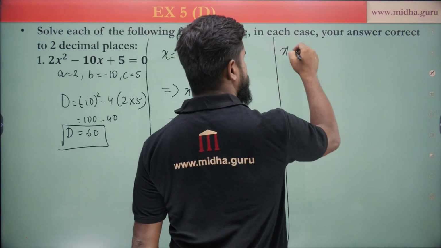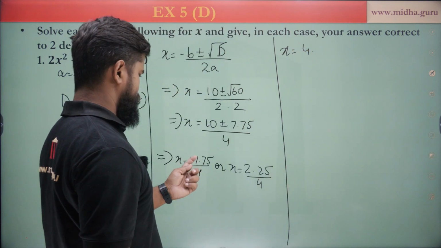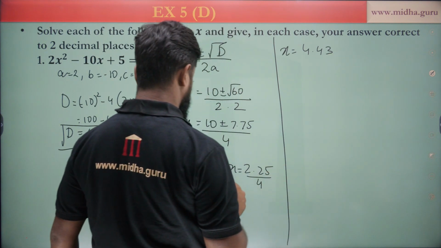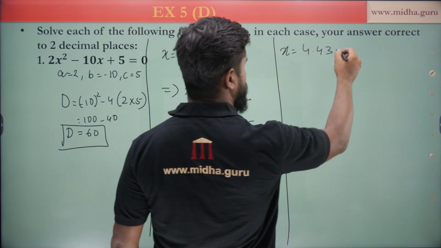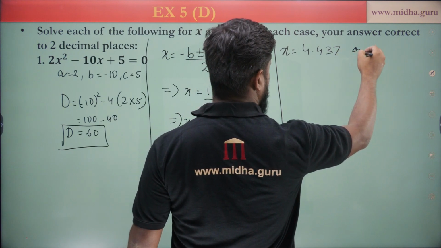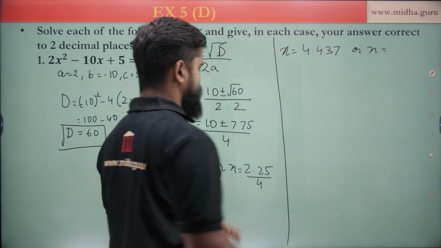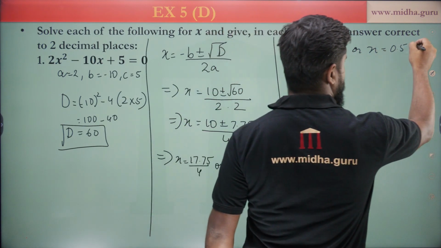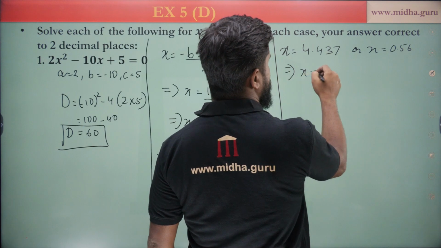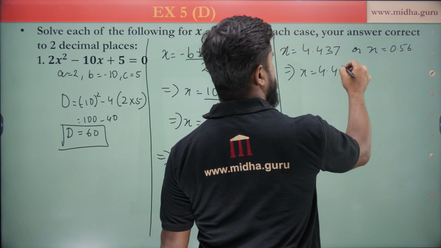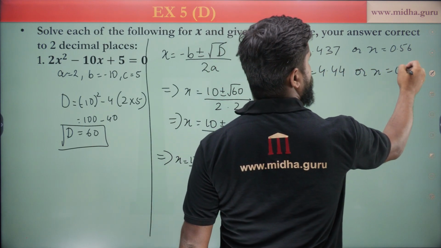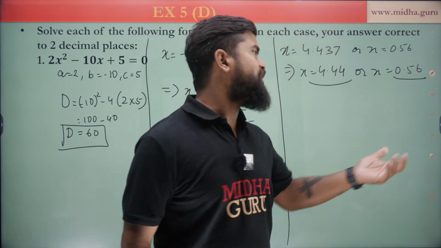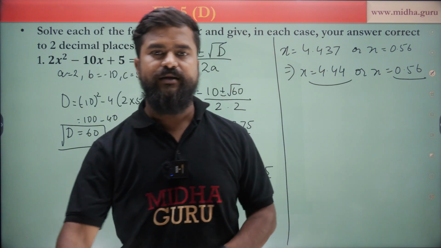Now dividing both of these, we will get x is equal to 4.44, or x is equal to 0.56. So we have to solve up to 2 decimal places. Based on that, these are our solutions for the given quadratic equation.